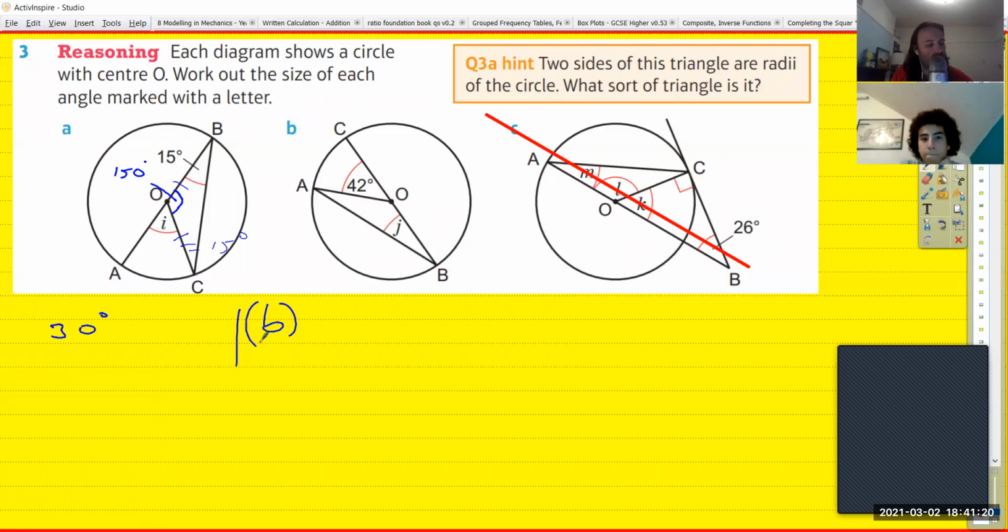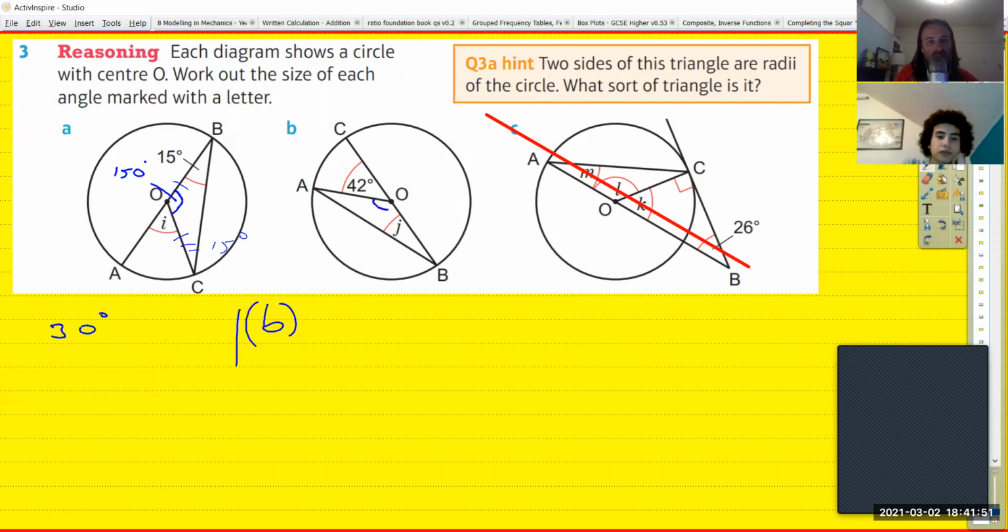So they're all isosceles. Well, that's a radius and that's a radius. And so that will make an isosceles triangle. Right, so AO is 138.